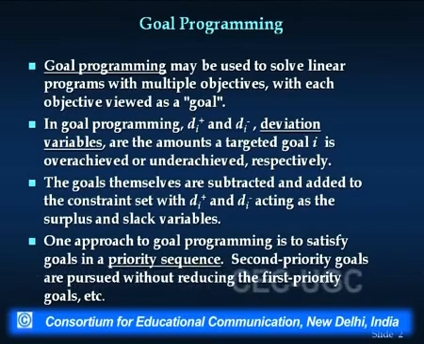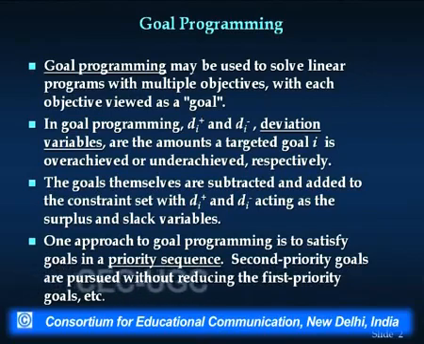When it is overachieved, it has a positive sign. When it is underachieved, it has a negative sign. We'll see how to formulate the problem, but at this stage we have to understand these deviations in the goals as Di plus and Di minus, and i shows a particular priority goal.